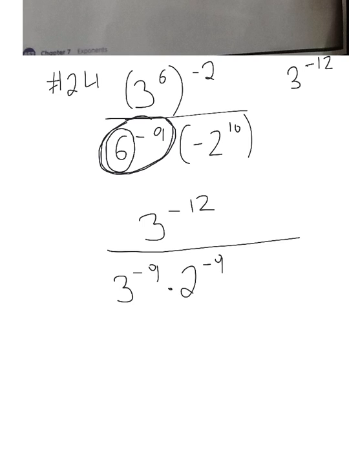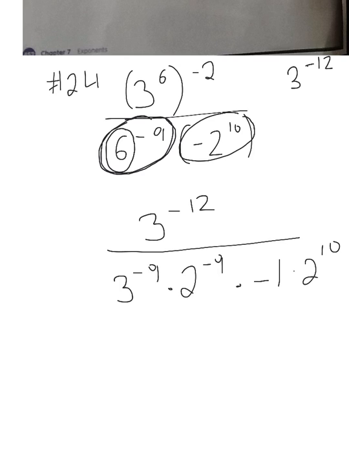Do you agree that 6 to the negative 9th is the same thing as 3 to the negative 9 times 2 to the negative 9th times, this is a little tricky, 2 to the negative 10th. I don't know if you noticed, the 10 is inside, not outside of the parentheses. I can write it this way, as negative 1 times 2 to the 10th.